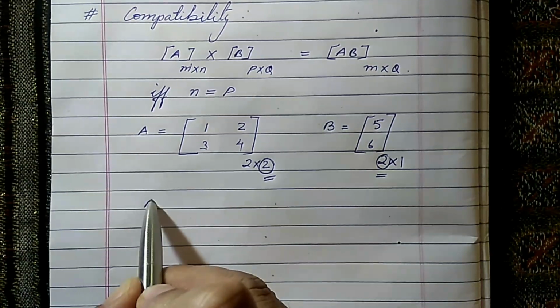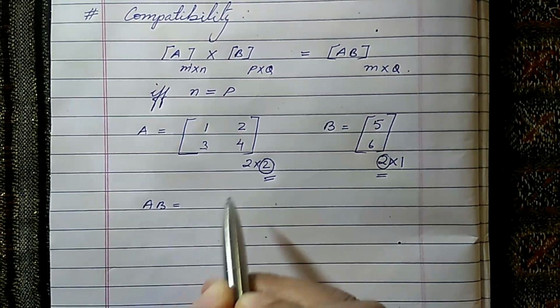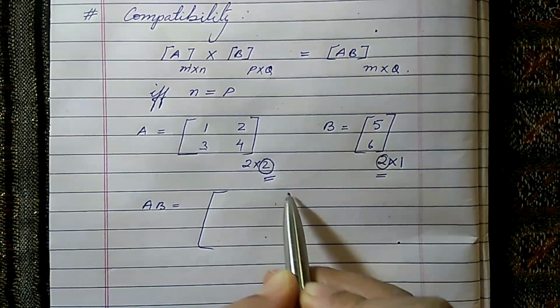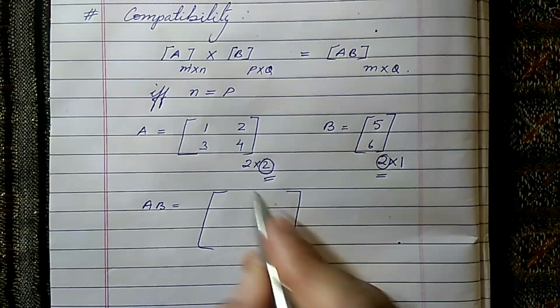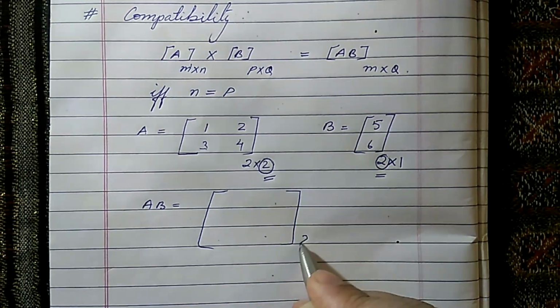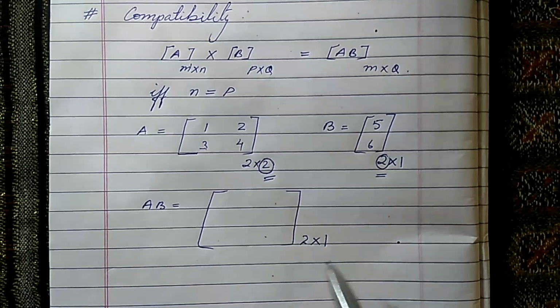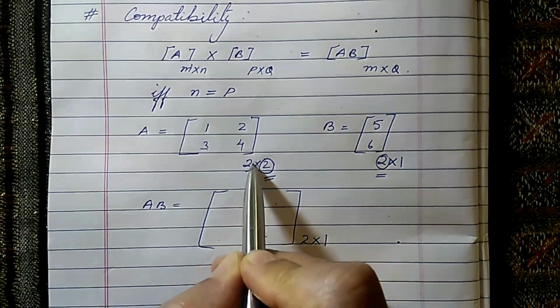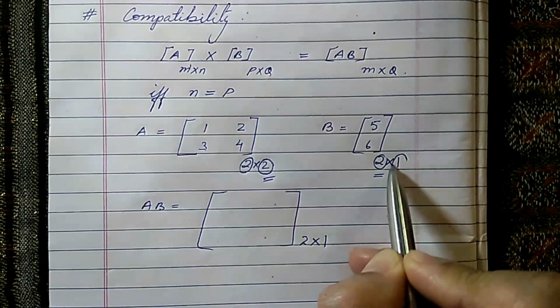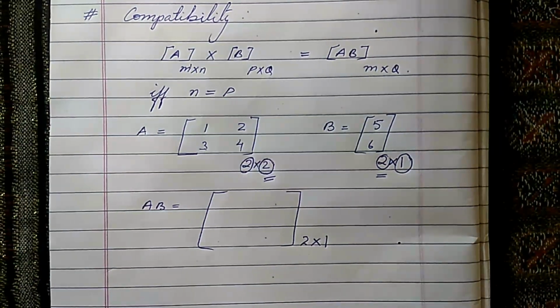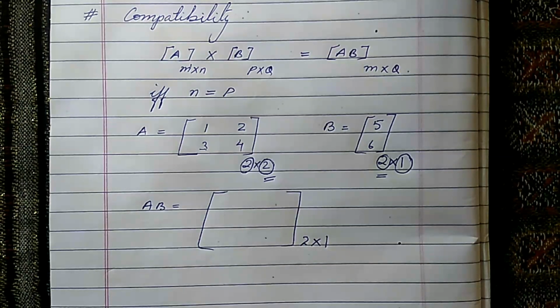So finally we will get a matrix whose number of rows will be 2 but the number of columns will be 1. So when we write a general 2 by 1 matrix, that means 2 rows by 1 column, how do we write it?